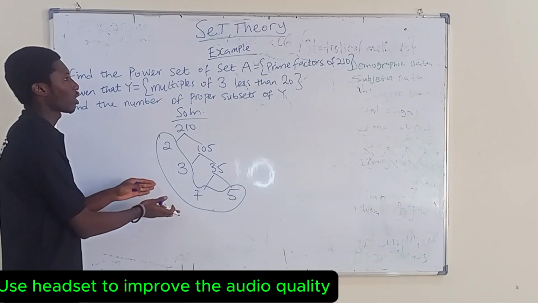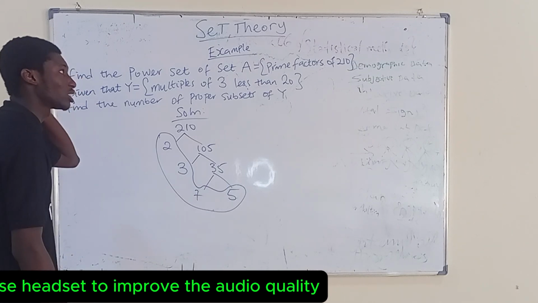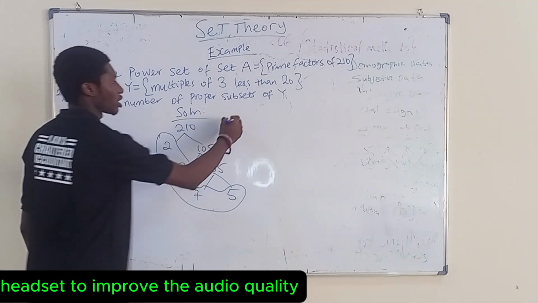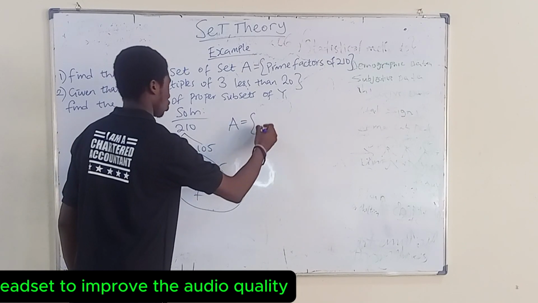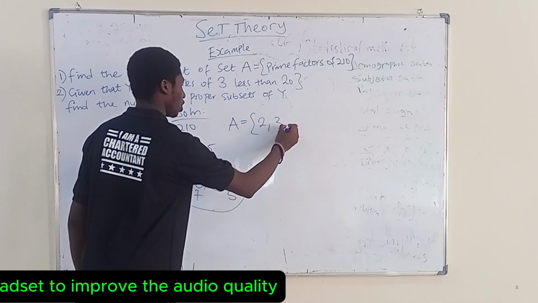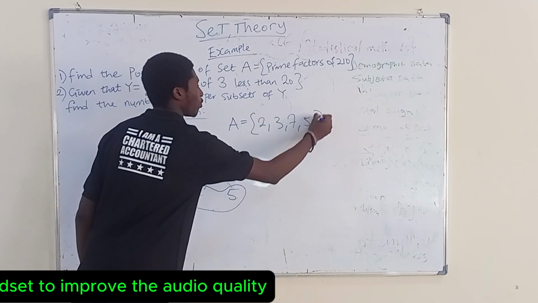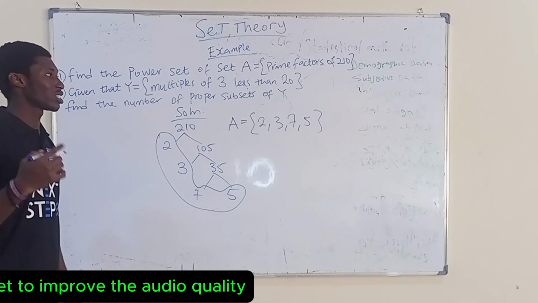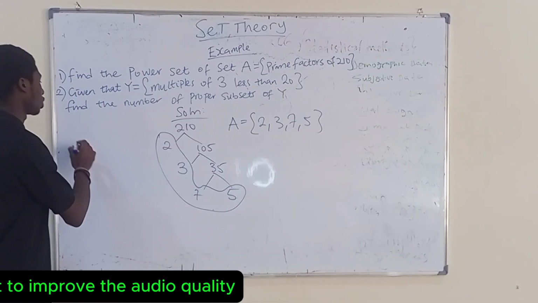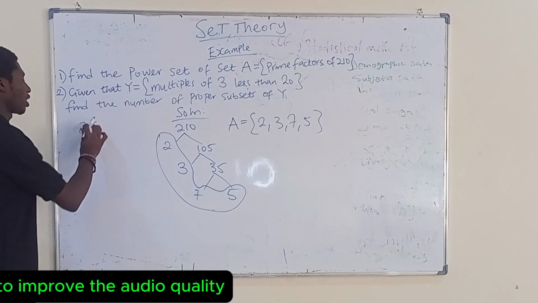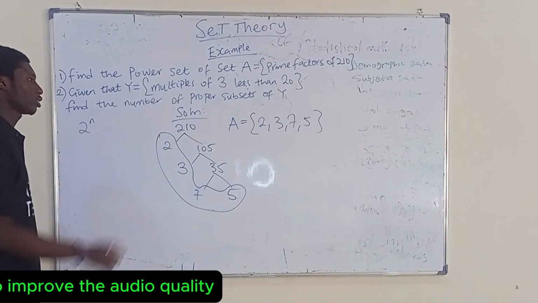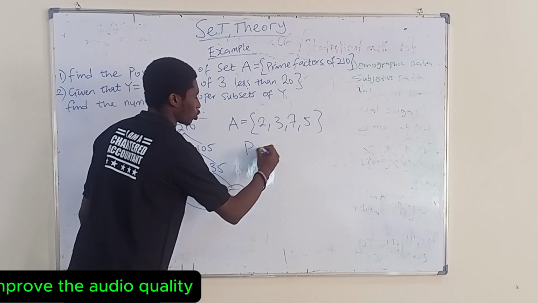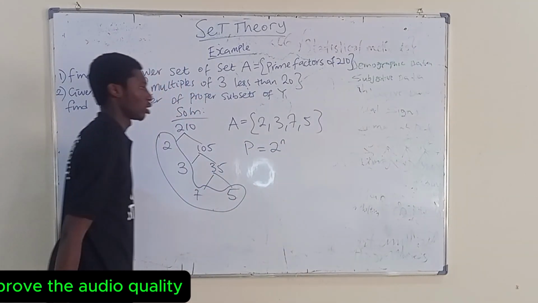So if these are the prime factors of 210, we are looking for the power set. Don't forget, that is the set A right here: 2, 3, 7, and 5. The power set is given by the formula 2 raised to the power of n.